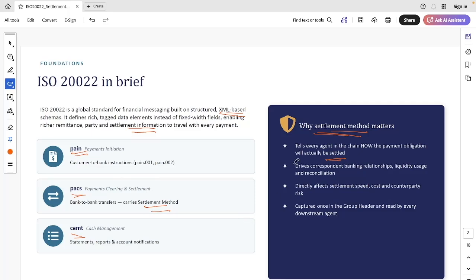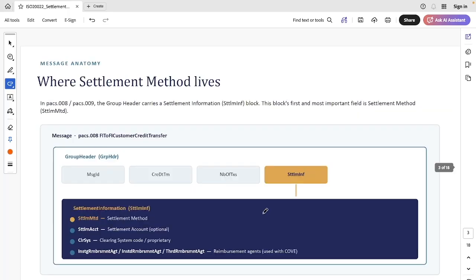So this one field, settlement method, can impact your payment speed, cost, liquidity, reconciliation, operational risk, and even counterparty risk. So the payment instruction tells what needs to be paid, whereas settlement method tells how the bank will settle the money.